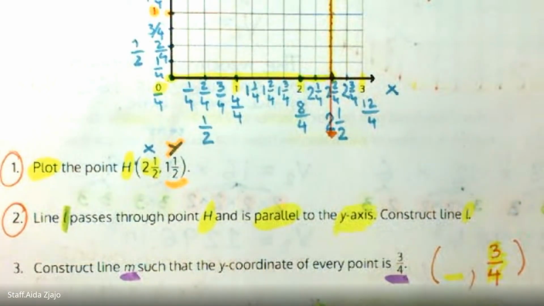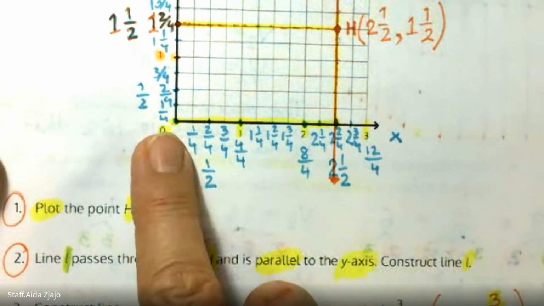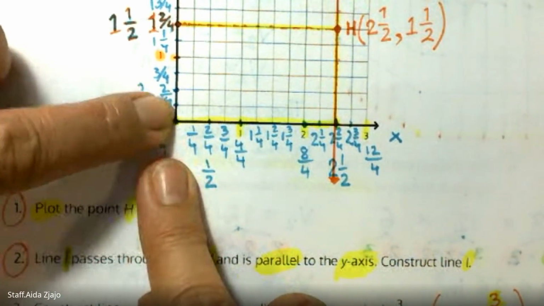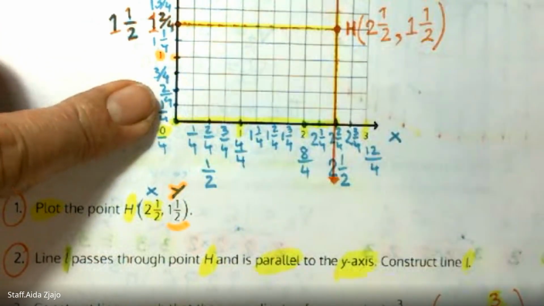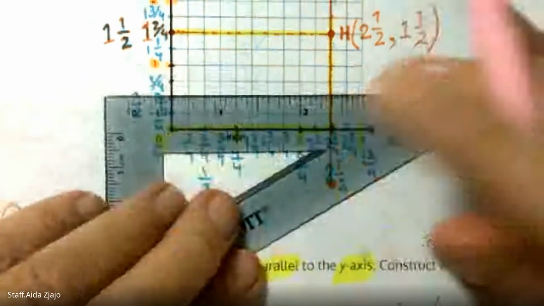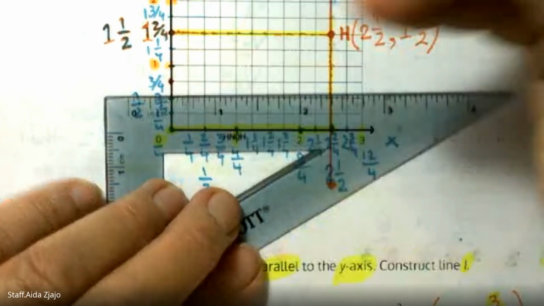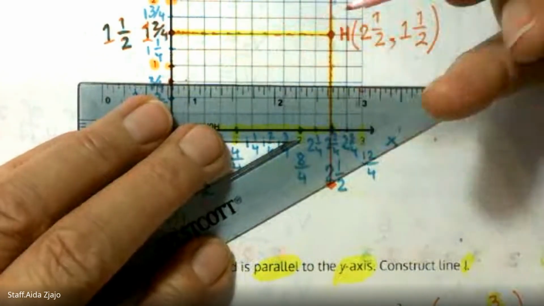So they said the y coordinate of every point is 3/4. Let's look. This is 0, the origin, 1/4, 2/4, 3/4. We found the 3/4. It doesn't matter where you are on the line, each point is going to be at 3/4.